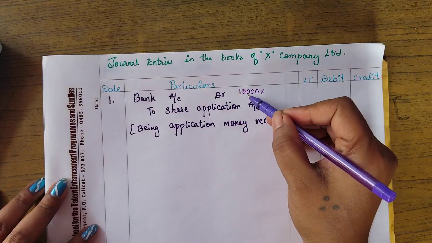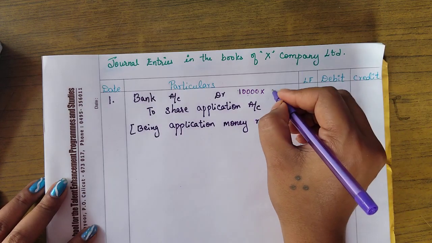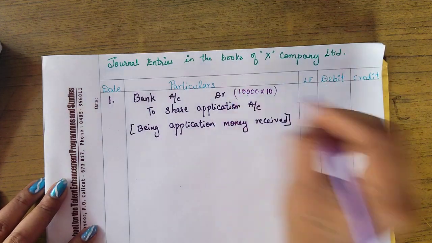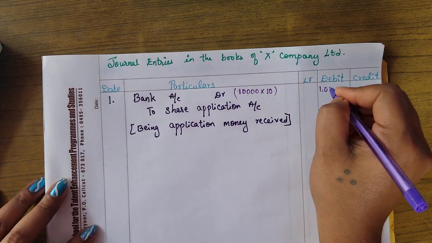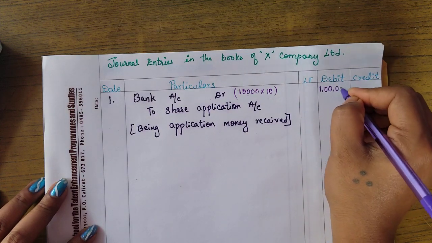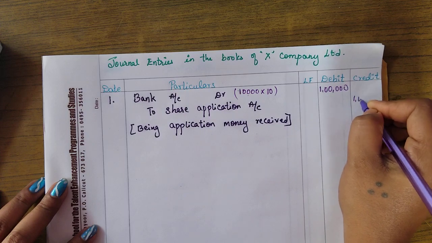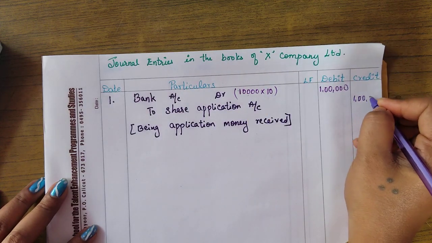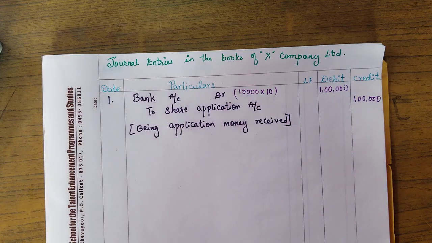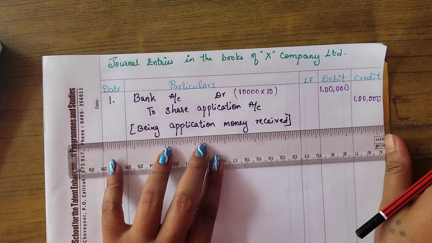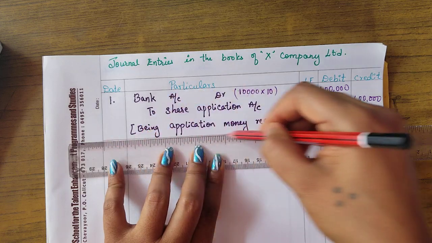So directly take 10,000 shares and the application price is 10 rupees. 10,000 into 10 comes to 1 lakh. So this is the application money received entry.